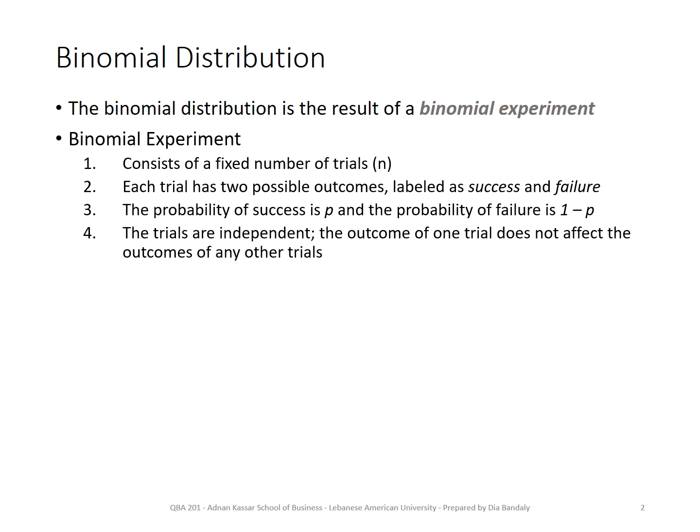The third aspect is that the probability of a success is known, and we denote it by small p. And of course, because there are only two outcomes, the probability of the failure is the complement, so it's 1 minus p. Now the fourth one is also very important, so you have to be very careful before you say that this experiment is really a binomial, because in a binomial experiment the trials are independent. What does it mean?